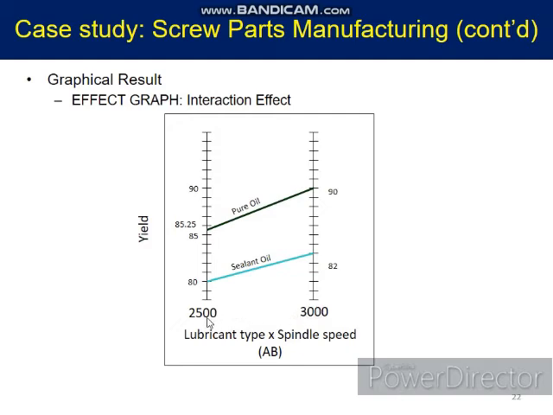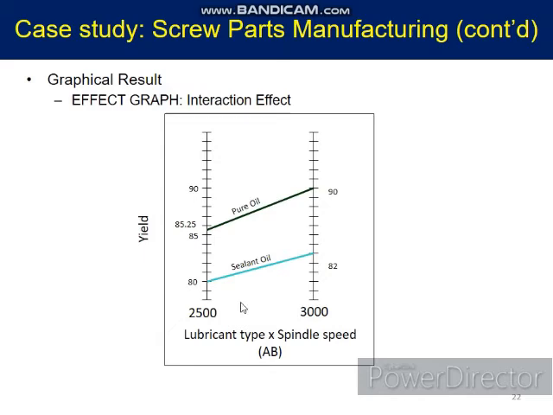In this case it is factor 2, factor B, which is the spindle speed. So the x-axis is spindle speed from 2500 to 3000, and you're going to look at the effect of the spindle speed change from 2500 to 3000 on sealant oil and also on pure oil. The y-axis is the yield, the output response.